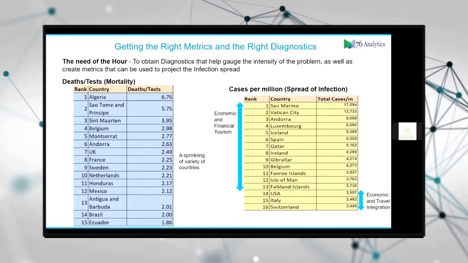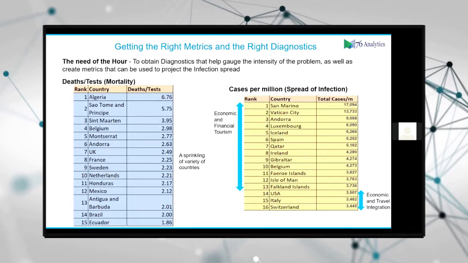If you look at the cases per million, you have San Marino at the top. We've just taken the first 15 or 16 positions to get a larger perspective of data. You have USA at the 14th position, Italy 15th, and Switzerland at the 16th position.